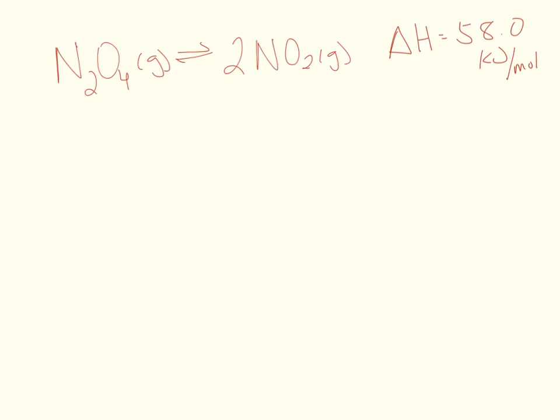So let's take the example N2O4 in equilibrium with NO2. As you see here, the enthalpy change for this system is 58.0 kilojoules per mole. That means that it's an endothermic reaction.